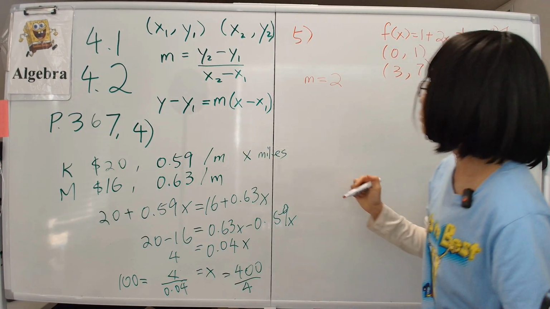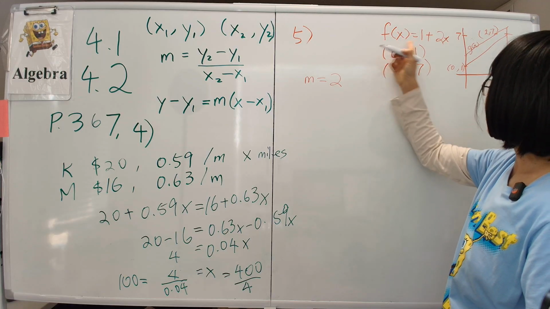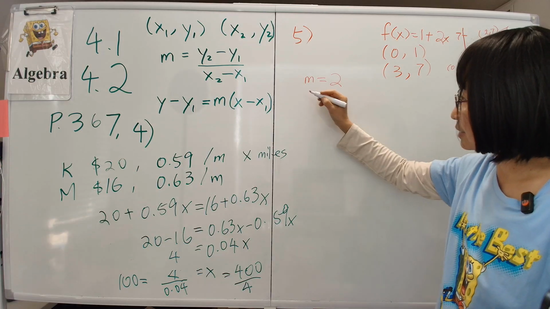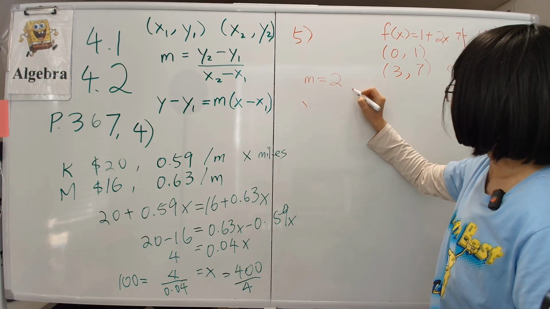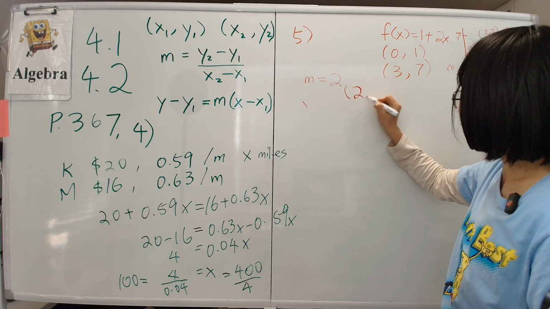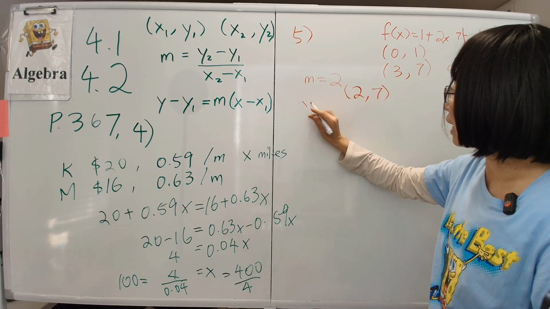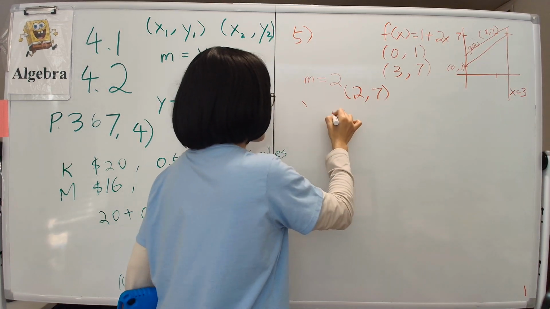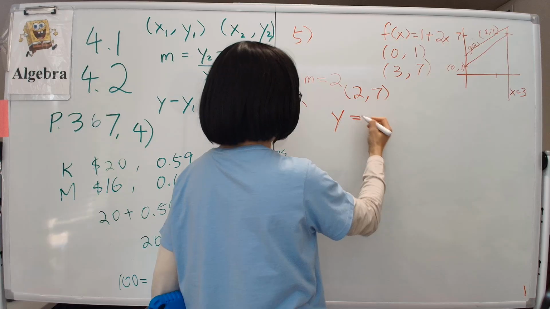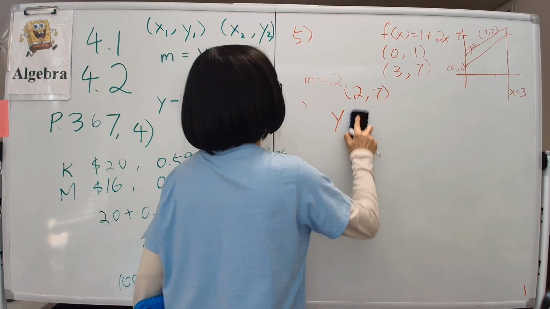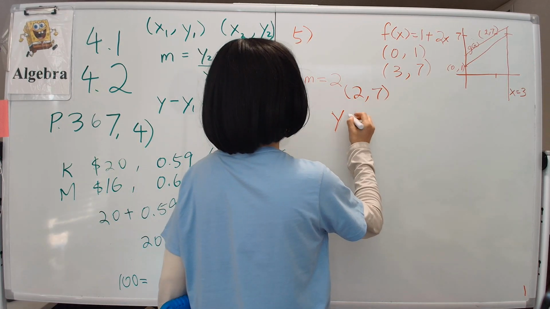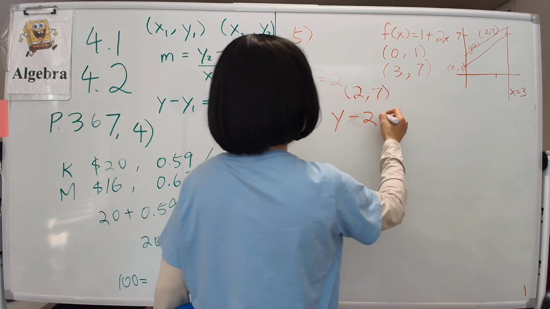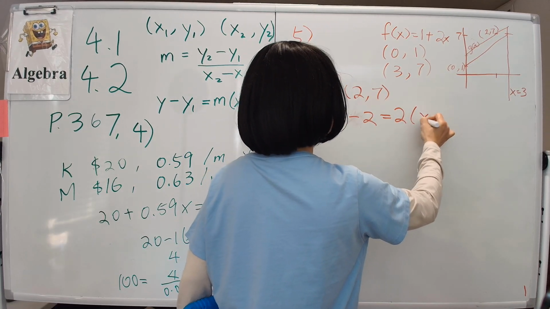So here's y minus y1 equal to m. So the slope is m because the number in front of x is 2 here. But we will follow these equations to be consistent. So we have y minus, the point is 2, 7, all right, 2 comma 7, m equal to 2. So we have y minus 2, so that follows the y minus y1 in the equation here. y minus 2 equals 2 times x minus 7.